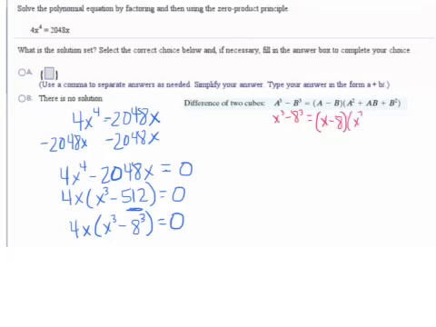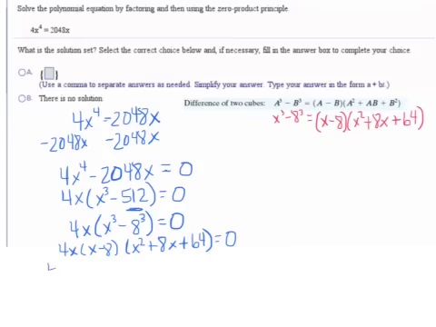So we'll have x squared plus 8x, because we multiply a and b, the 8 and the x, plus b squared, which is 8 squared, or 64. So that's how this one's going to factor.